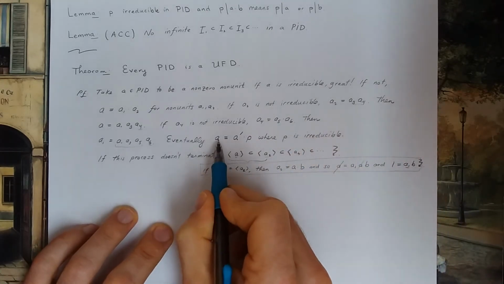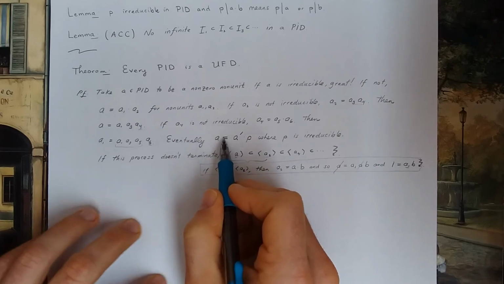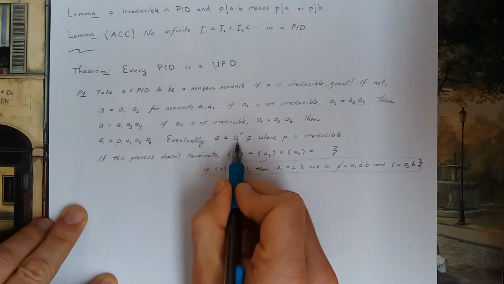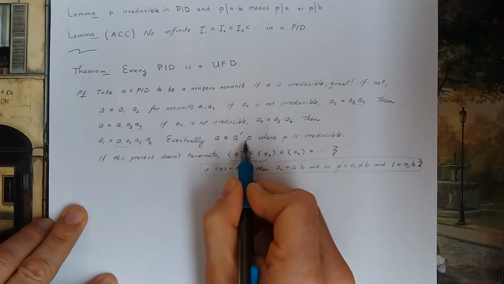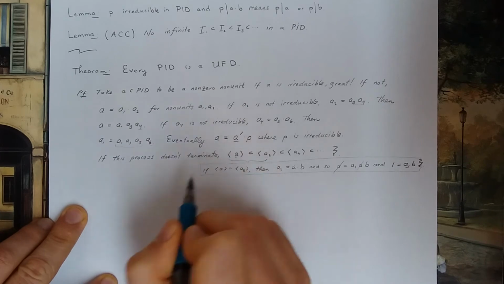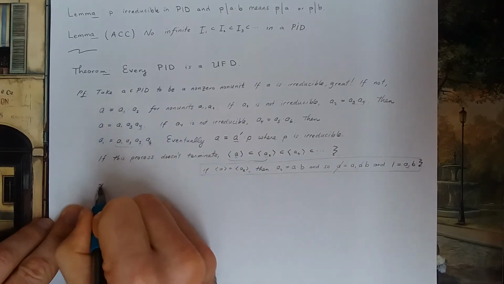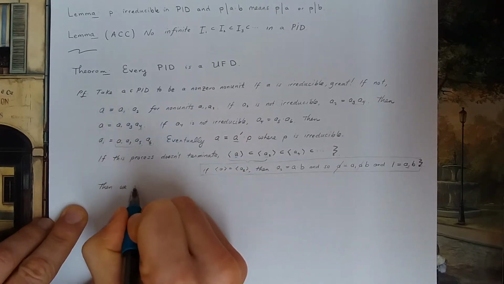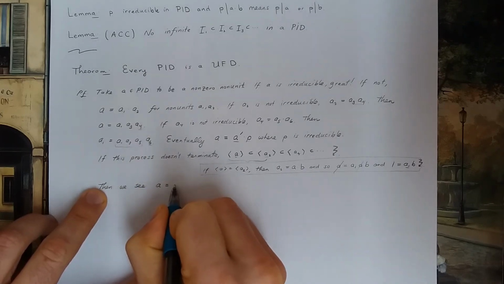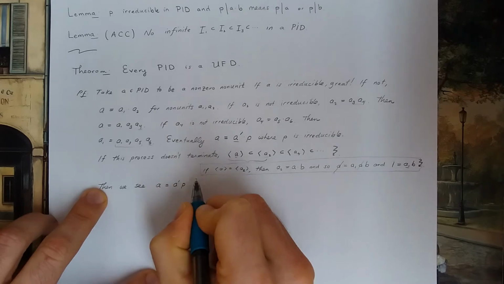So back to the proof, what we have now is that we could take A and write it as A prime times an irreducible. Then we could do the same thing with A prime. So then we see that A is equal to A prime times an irreducible.